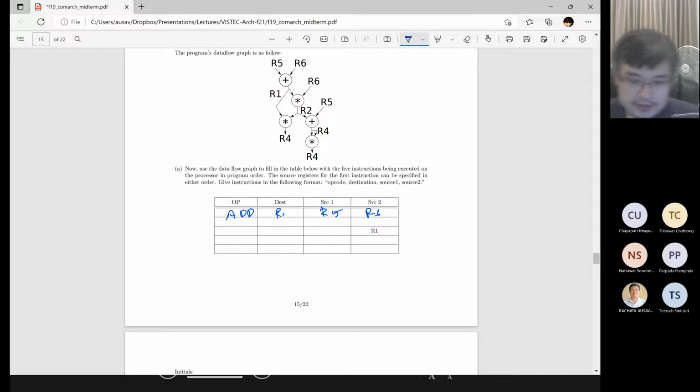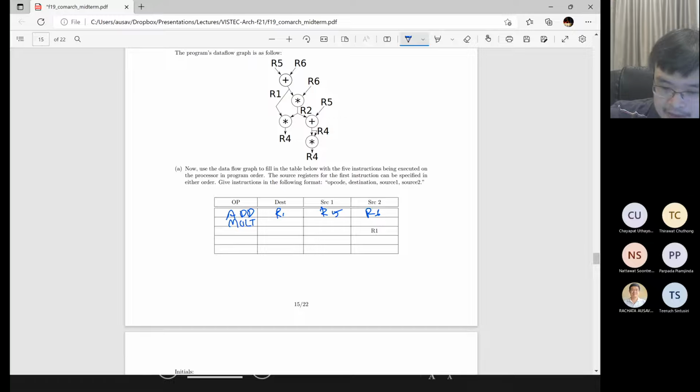What is the next instruction? The next instruction, there are actually two of them: the two multiplies. To eliminate the ambiguity, the first multiply is the one that doesn't have R1 as an input. Well, actually both of them use R1, so it's fine.